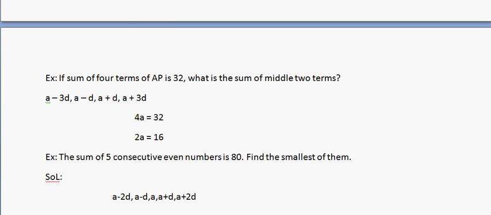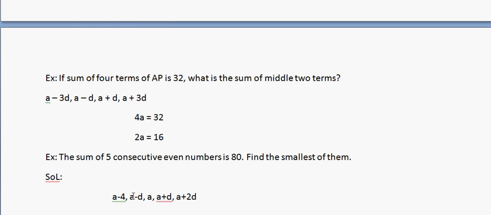Is there any problem if we assume these 5 numbers? We know d is the common difference, and d in this case is 2.